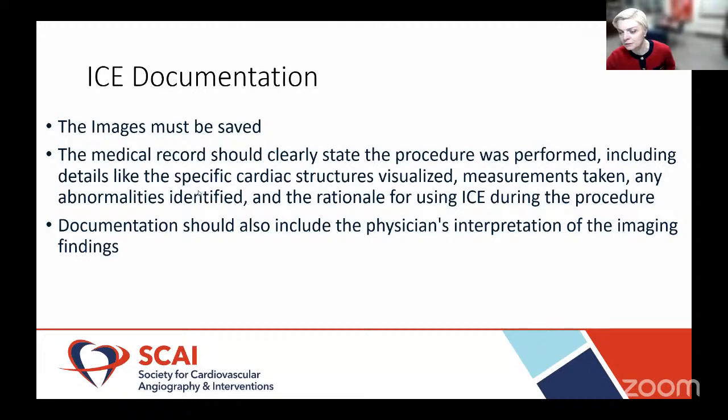Some places report ICE as echo. We use our echo format for our ICE reports, and you need to have your interpretation of those findings. We've had people get in trouble for not saving the images or not being clear about the documentation.